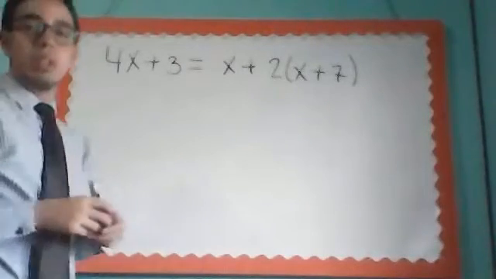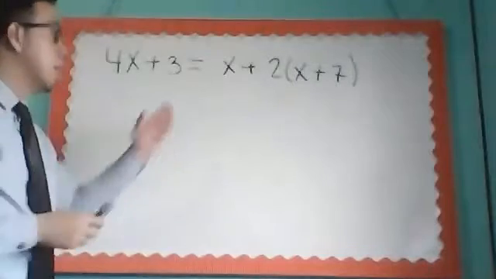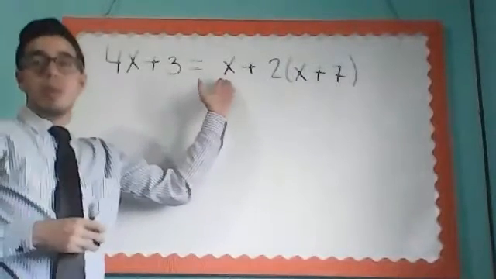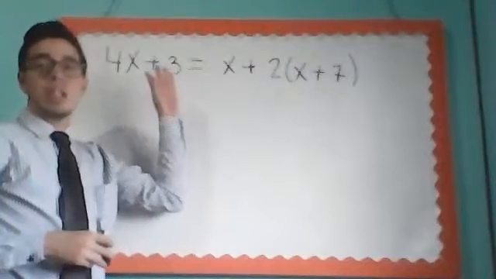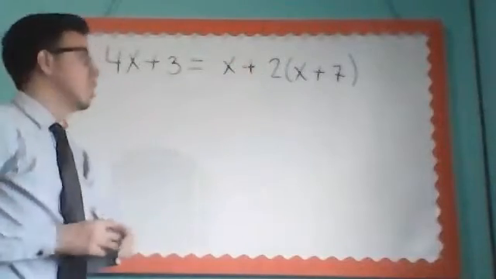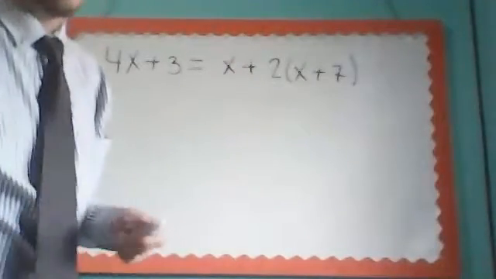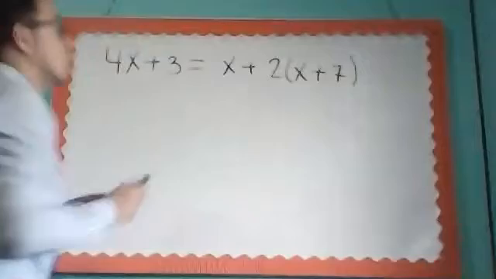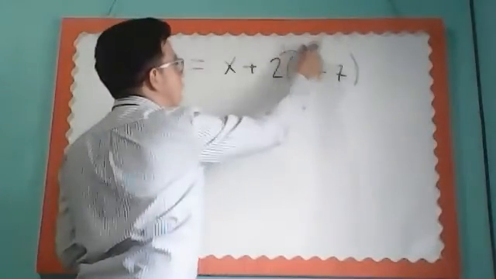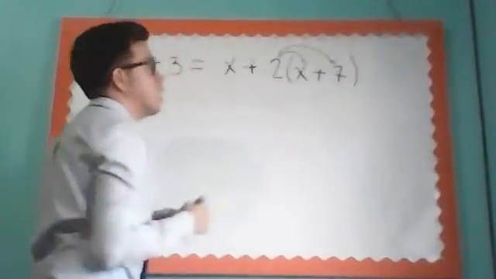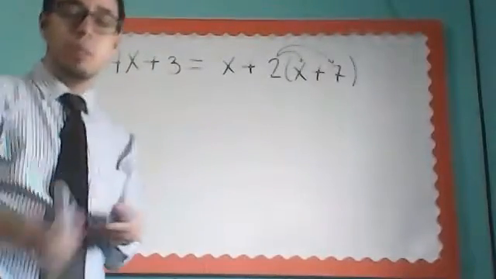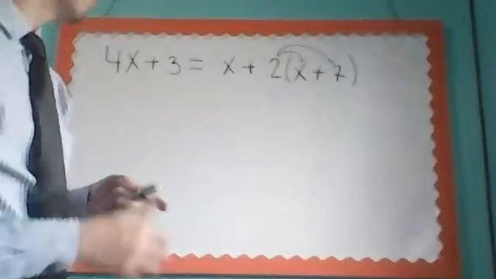I only need to solve this. Remember, I move the variables to one side and I keep the numbers on the other side. The first step I need to solve is this one. The 2 is affecting x and the 2 is affecting 7. So I'm going to multiply the 2 by both numbers.